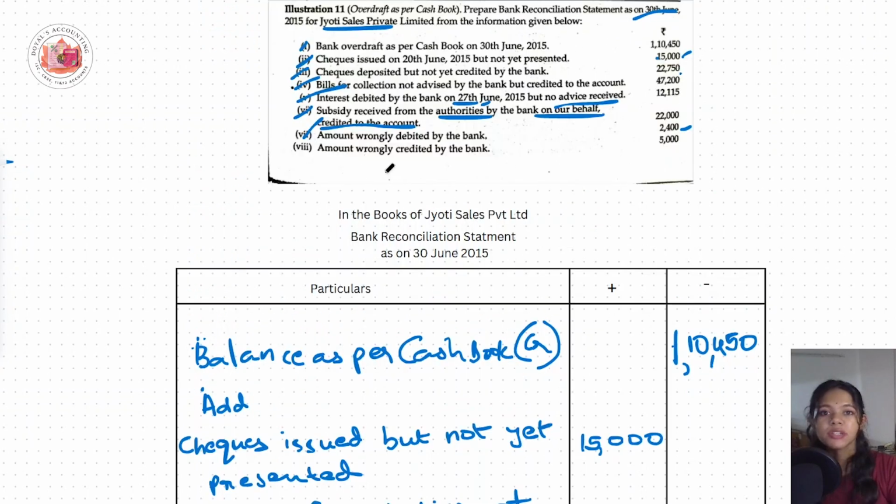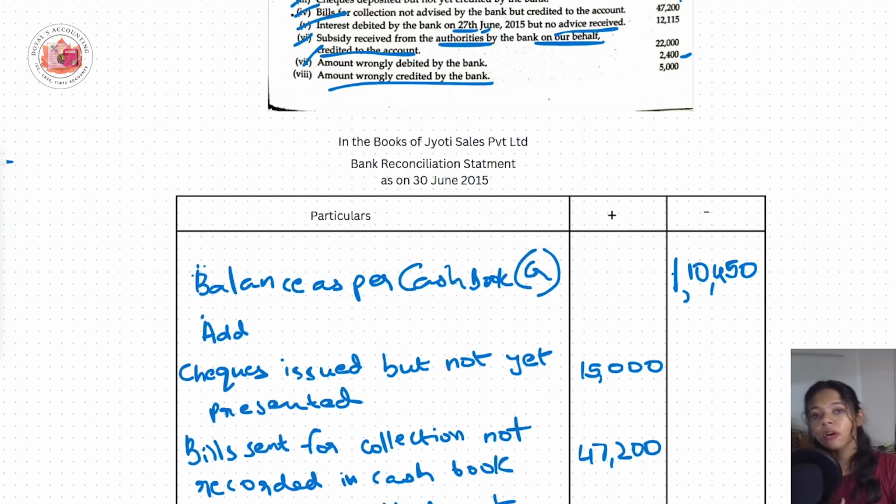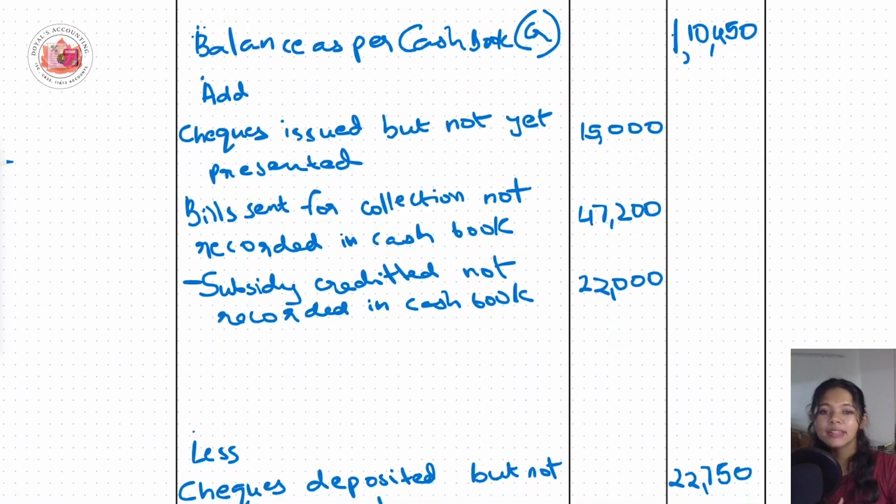My next transaction is amount wrongly credited by the bank, 5,000. So my passbook balance is more than my cash book balance. And if I want to equalize the two, then I'll have to add. The amount has wrongly been deposited in our account by mistake. So I will increase my cash book balance.